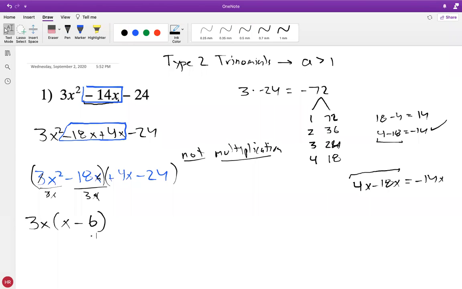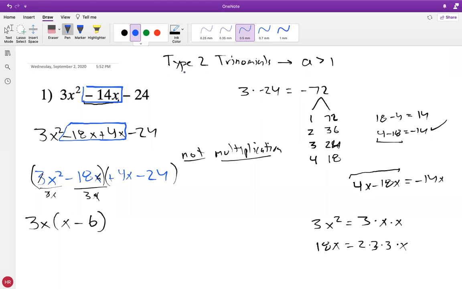It's a pretty big step. Right here, we have to group and then do what's called GCF factoring, greatest common factor. You've got to look at these and be able to tell that this 3x squared is made up of a 3 and 2 x's. And this term here, 18x, is made up of a 2 and 2 3's and an x.